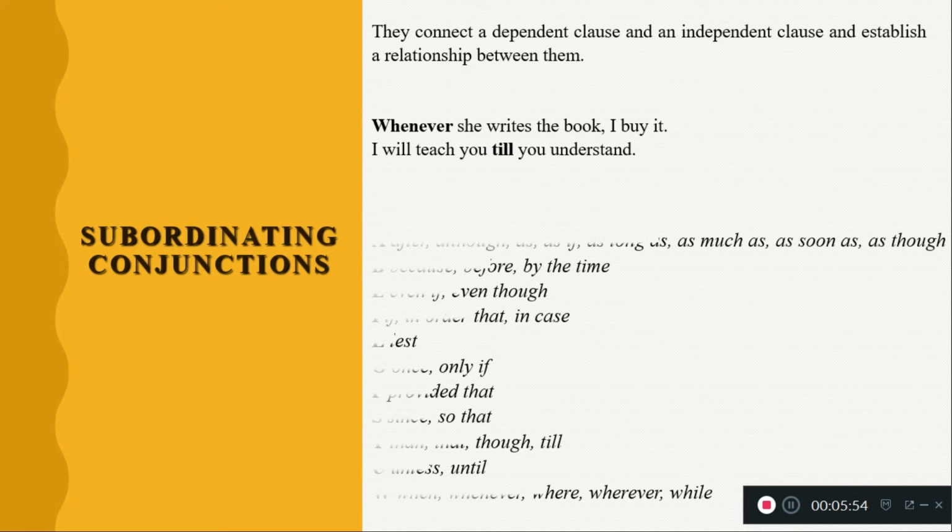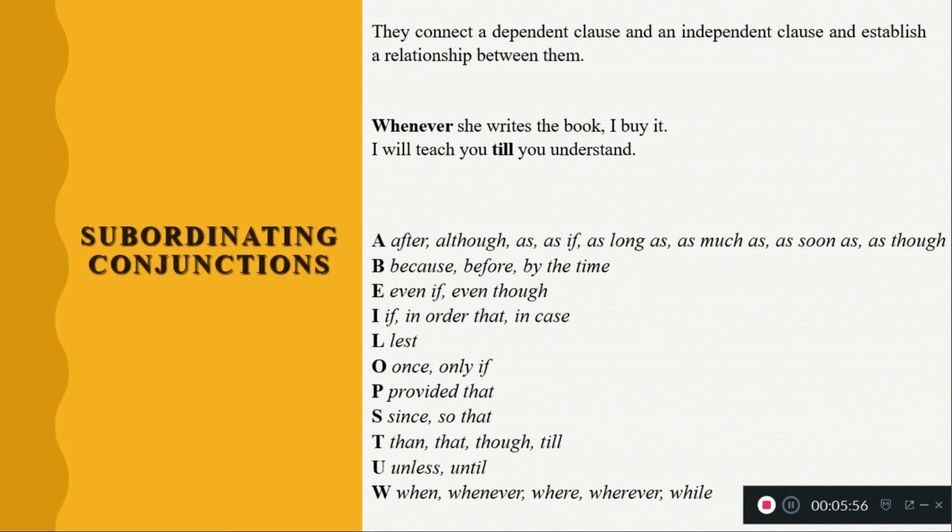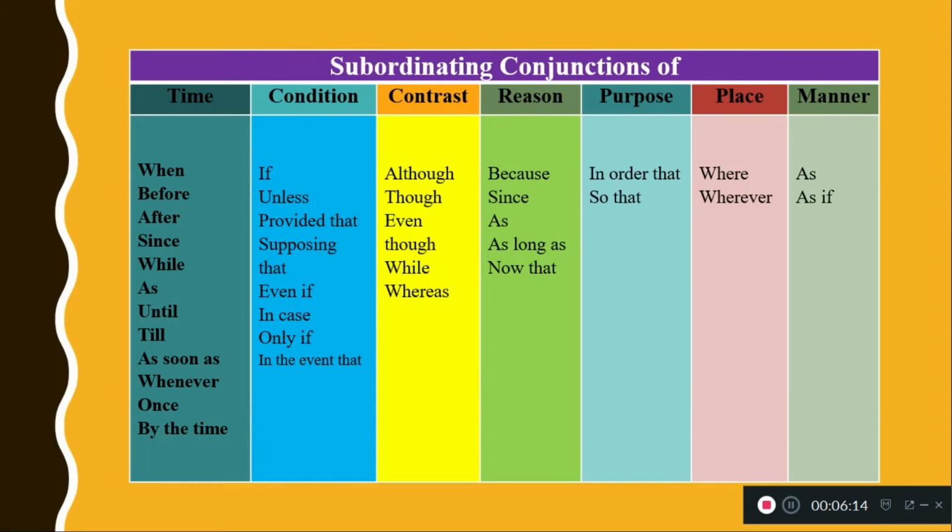As shown in the sentences, subordinating conjunctions can be at the beginning of a sentence with a comma, in the middle separating the clauses, or in the middle of a sentence with no comma. Here, I have presented a list of subordinating conjunctions alphabetically. I suggest you to pause the video and have a glance at the list.